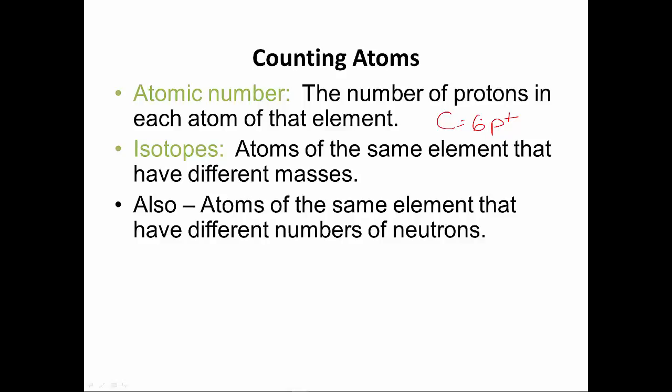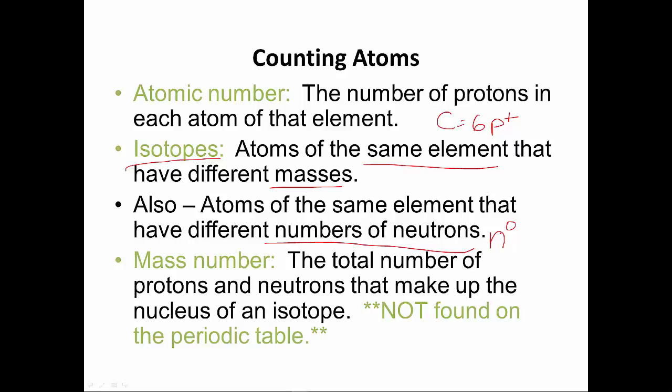We heard this term in class already, but just as a reminder, isotopes are atoms of the same element that have different masses, and consequently, they have different numbers of neutrons. So the number of neutrons may differ. And we discriminate between various isotopes by labeling them with their mass number.